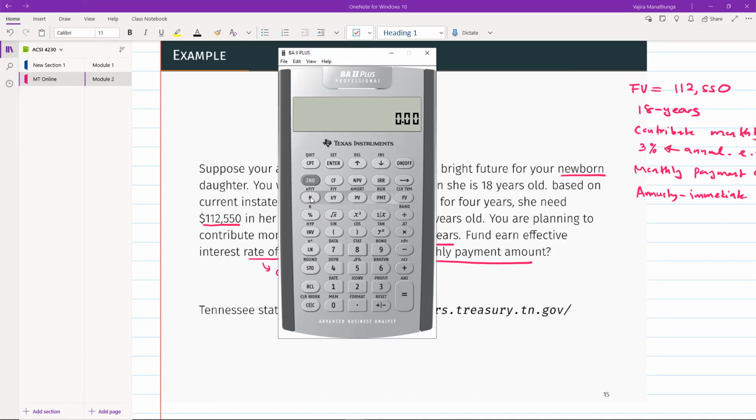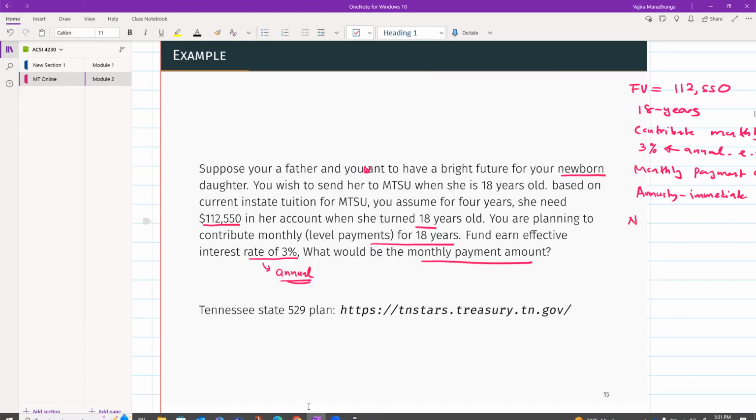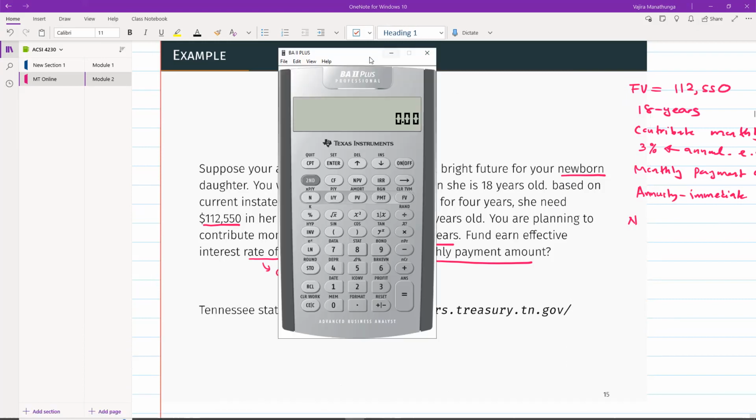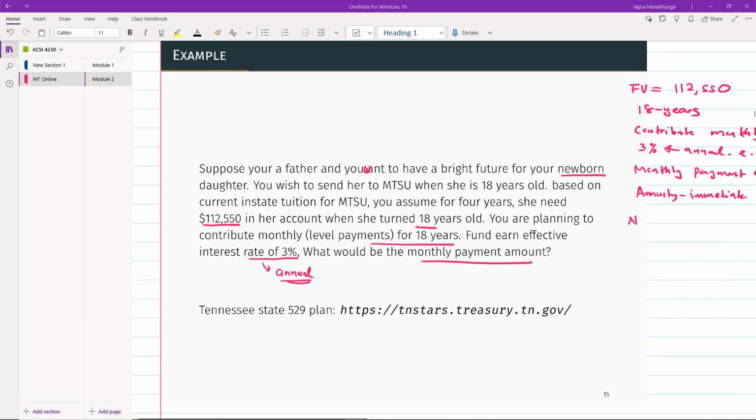You can see N, I/Y, PV, payment, and future value. So let me write those: N, then I/Y, PV, payment, and future value.